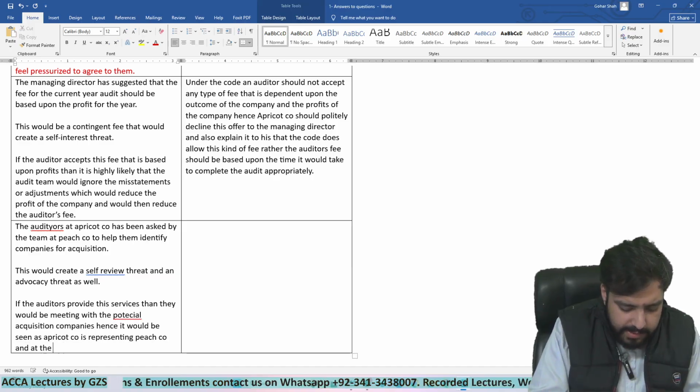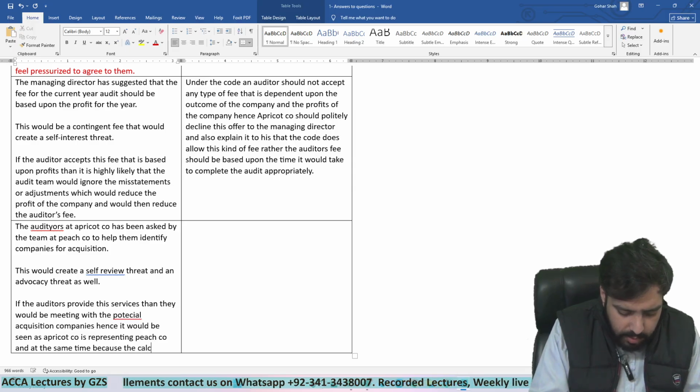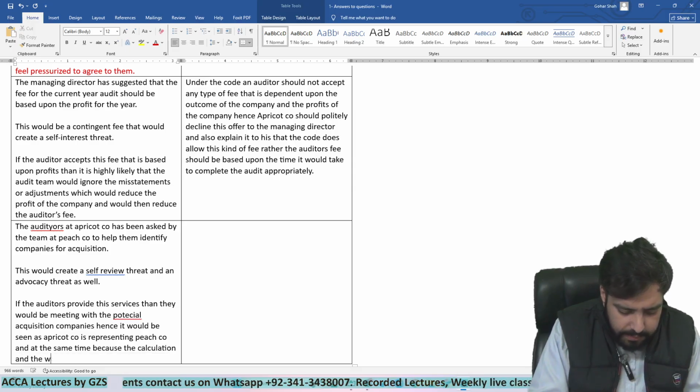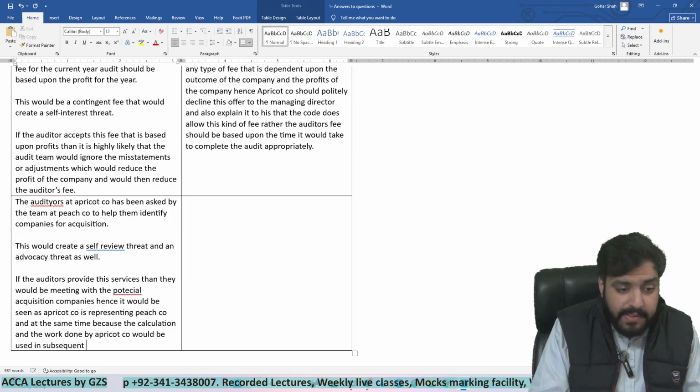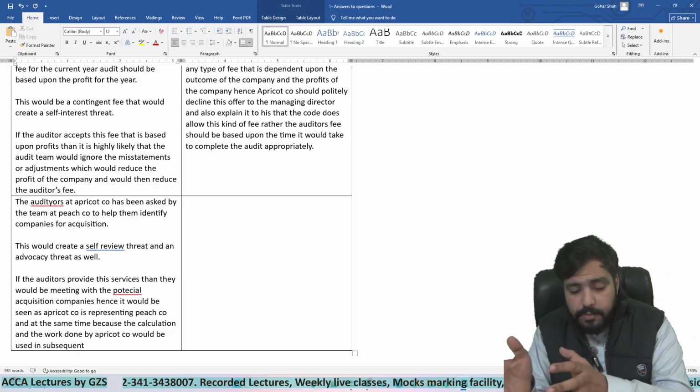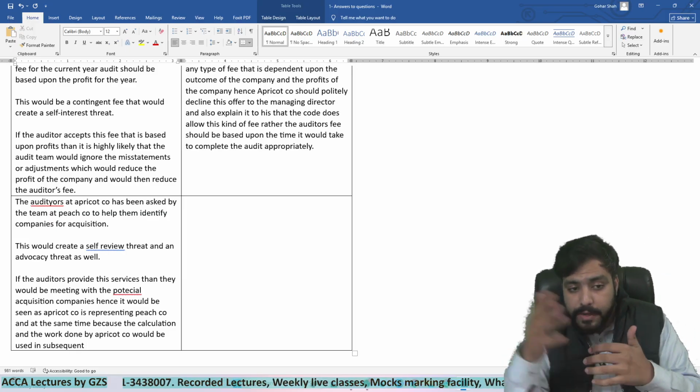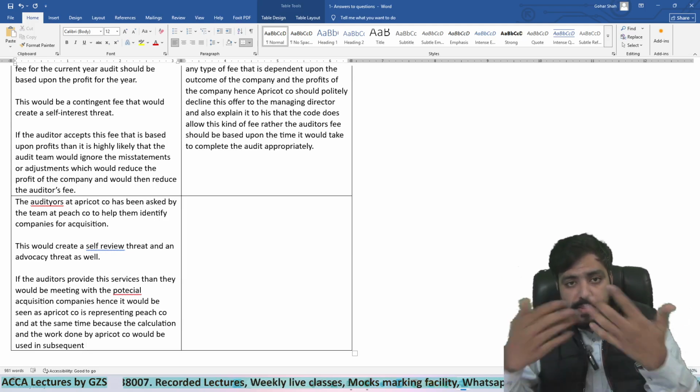And at the same time, because the calculations and the work done by Apricot Corporation would be used in subsequent, what is meant by subsequent? After acquisition, the financial statements that would be made. This means subsequently. After this is done, the next things are known as subsequently.